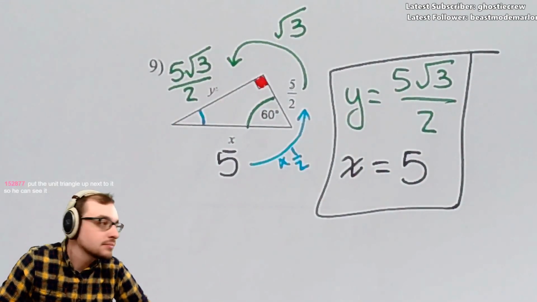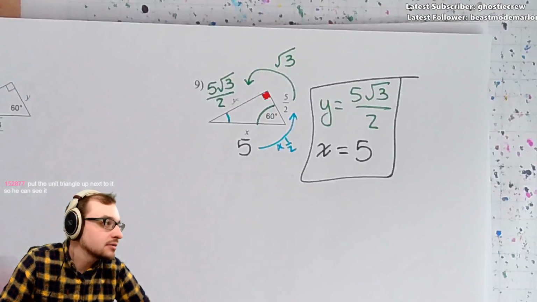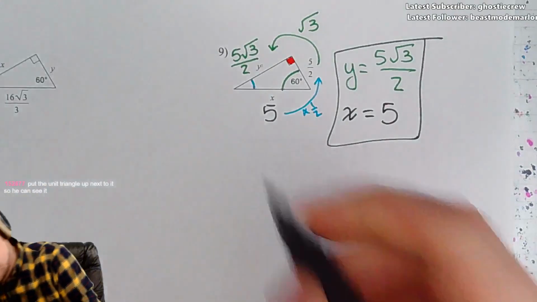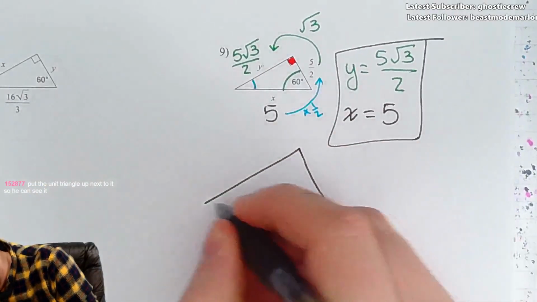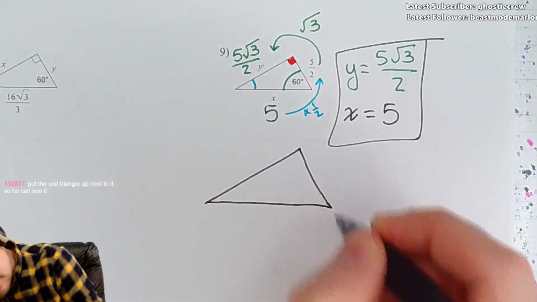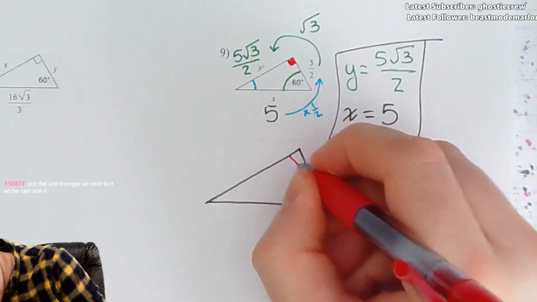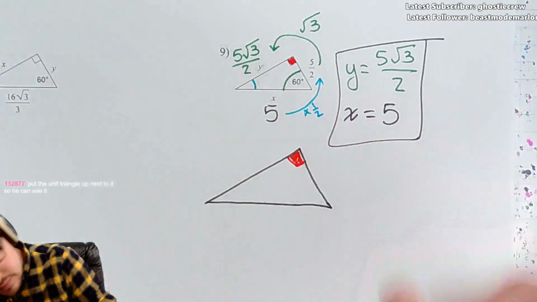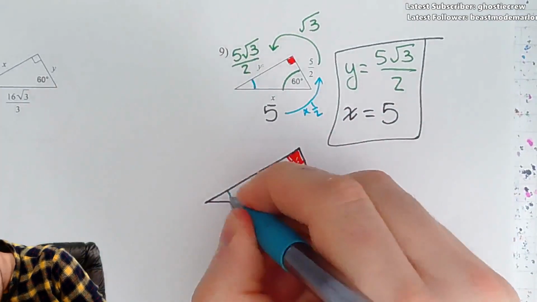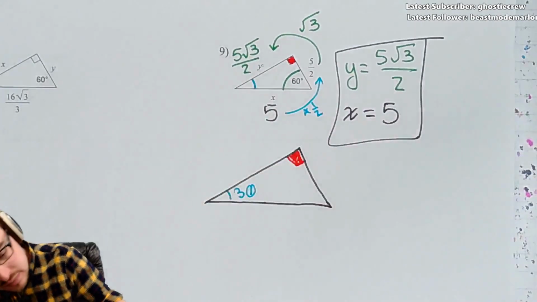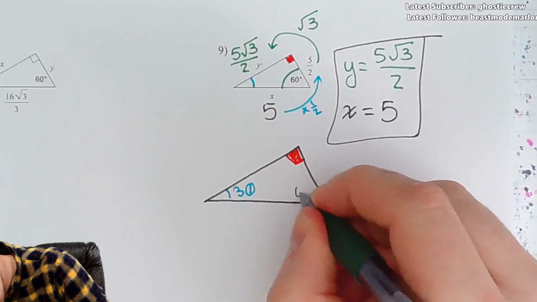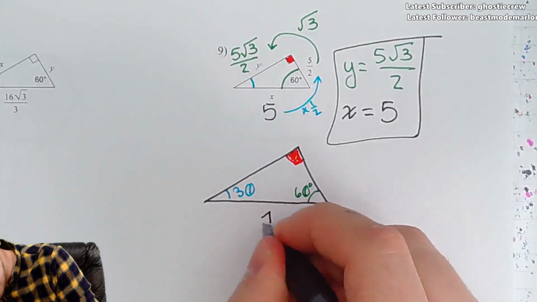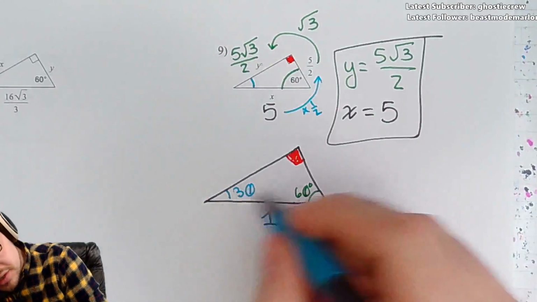Okay, let me see if I can fit it on the screen here, Alex. So our basic triangle is this. And we know that when the hypotenuse is 1, this guy's always half.